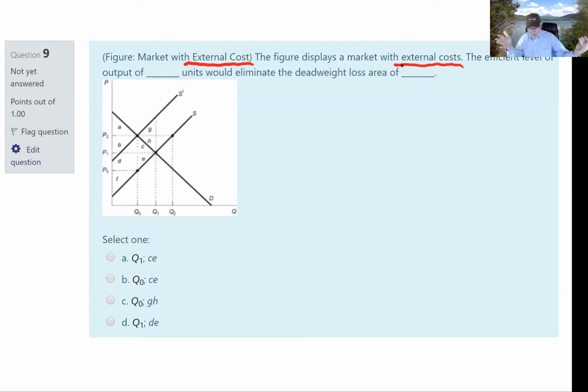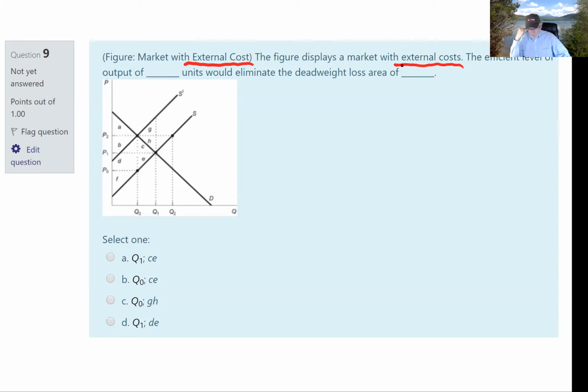Our classic example of an external cost would be pollution, where the firm is bearing the cost of the workers it hires and the raw materials it has to purchase, but the firm is not bearing the cost created by the emission of chemicals into the environment that harms the community. The firm is not bearing a cost as a result of using the environment in that way.